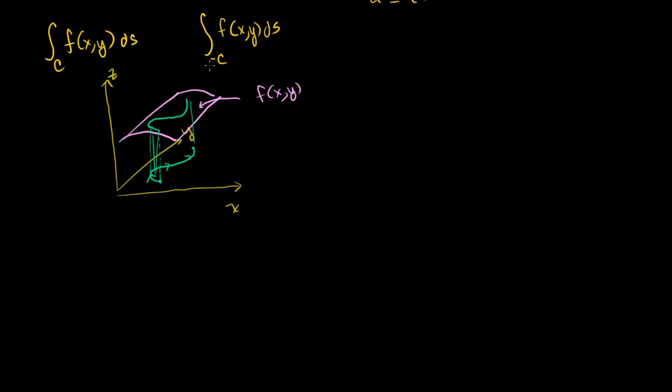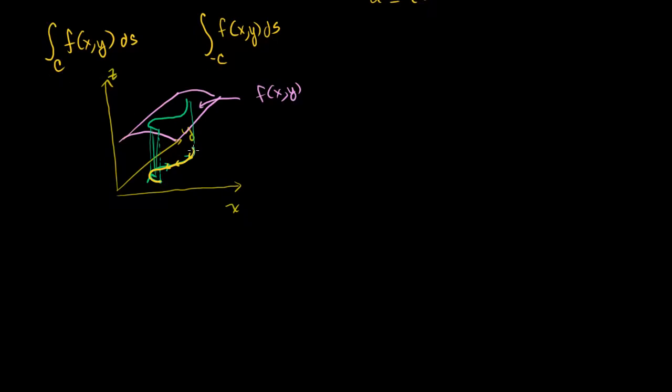Now, if we take the same integral, but over the reverse curve, instead of going in that direction, we're now going in the opposite direction, from the top to the bottom. But the idea is still the same. I don't know which one's C, which one's minus C. I could have defined this path going that way as C, and then the minus C path would have started here and gone back up.